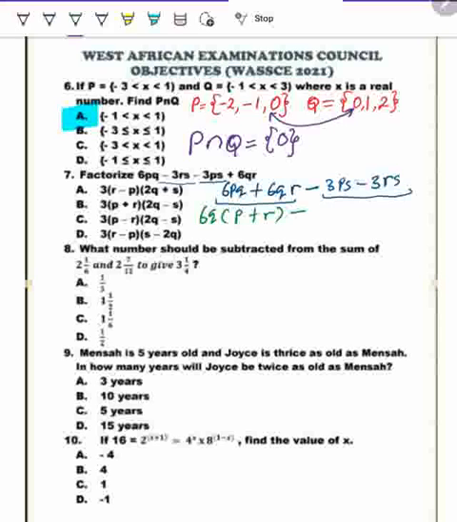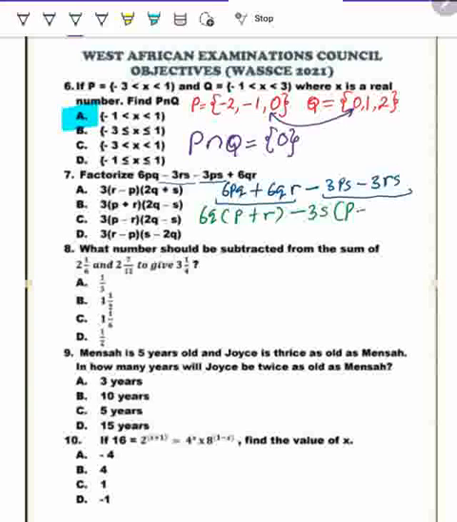Then minus 3 is common to both. We bring 3, and s is common to both. We bring it out. So we have -3ps divided by -3s to have positive p.